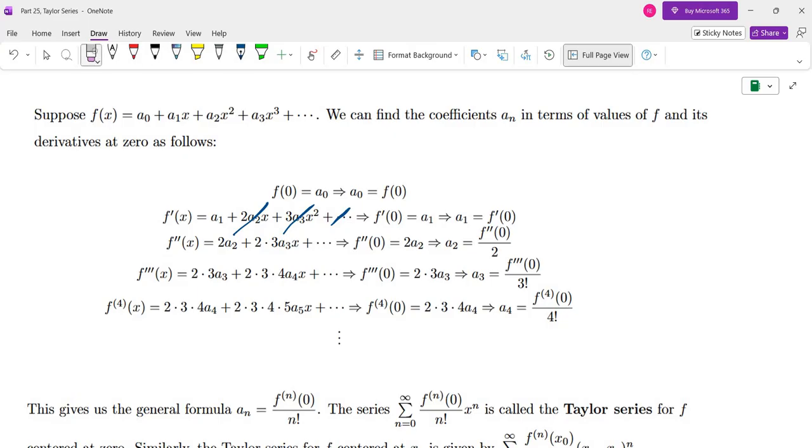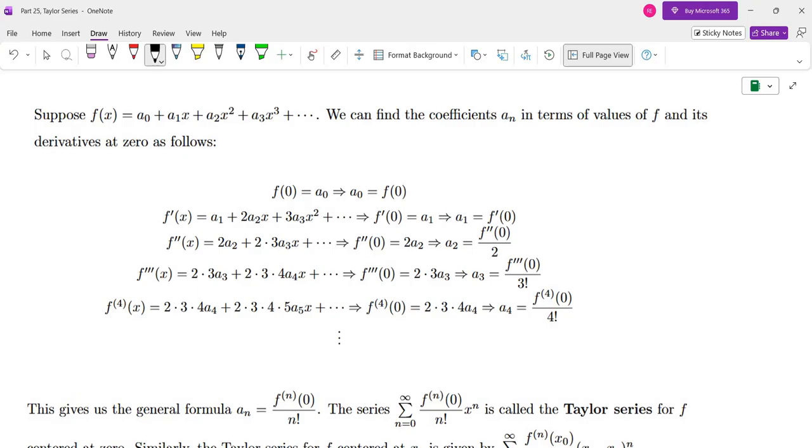So we differentiate again and substitute x equals 0. We get a2 equals f''(0) over 2. We differentiate again, substitute x equals 0. We get f'''(0) is 2 times 3 times a3, which means a3 is f'''(0) over 3 factorial.